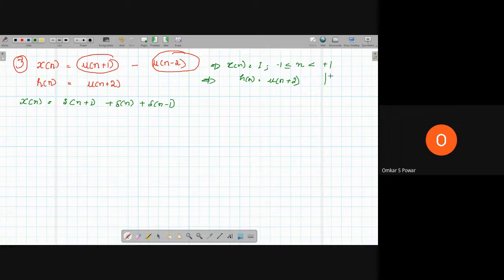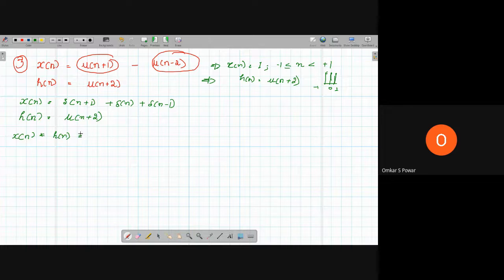Because I have shown you previously, this will be like minus 1, 1, because when you minus, only this thing remains. Now h of n will be as it is, u of n plus 2. Now let us do the convolution, x of n convolution h of n.